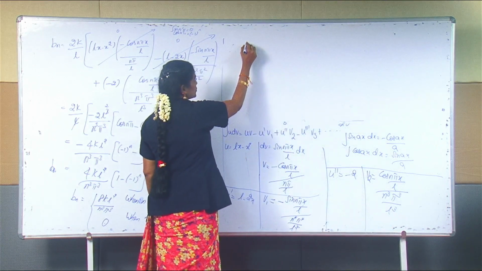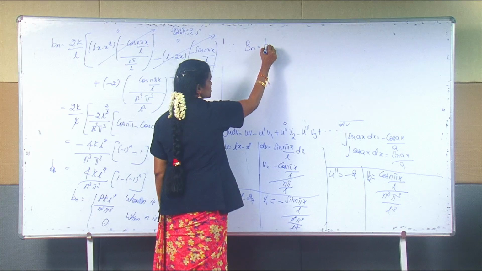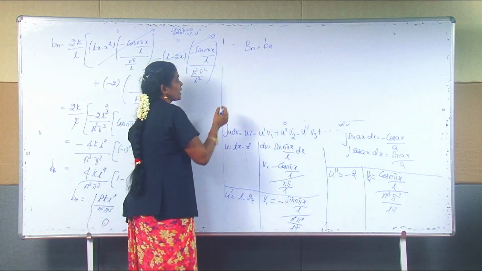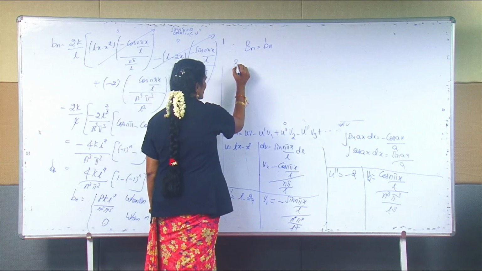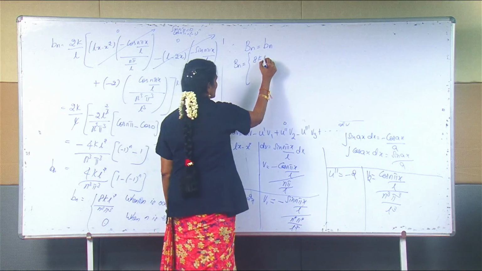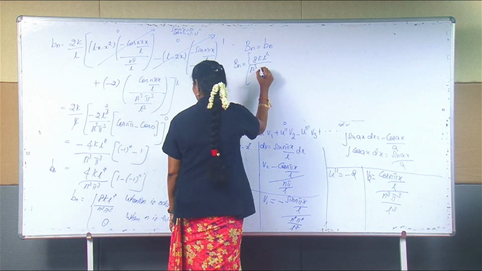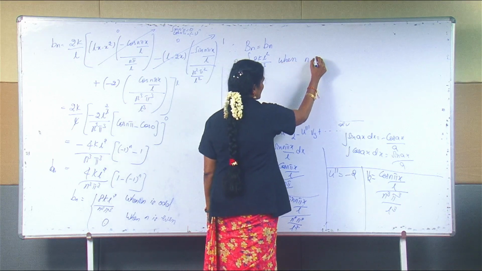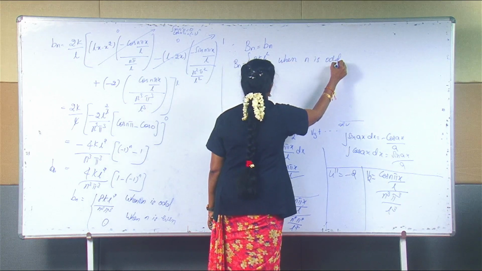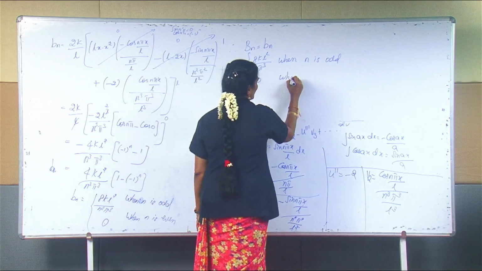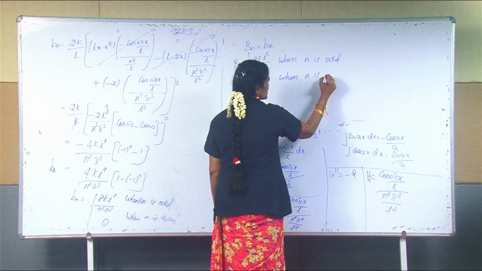So, therefore, your capital Bn value is the small bn, because we already have Bn sin n pi x by L. That implies the Bn value is 8k L square divided by n cube pi cube when n is odd. It is 0 when n is even.